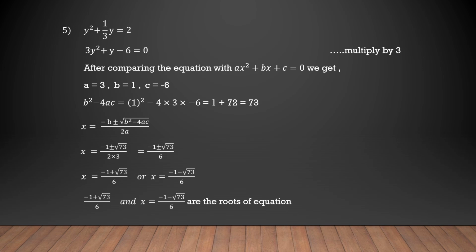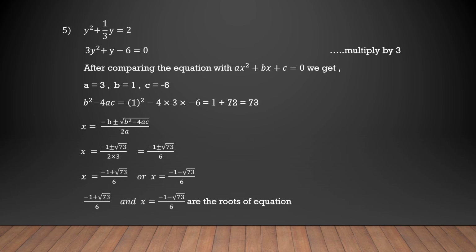So we write 1² − 4 × 3 × (−6). 1 square is 1, −4 into 3 is −12, into −6, −12 into −6 is plus 72, minus minus becomes plus. So we write 1 + 72 is equal to 73.